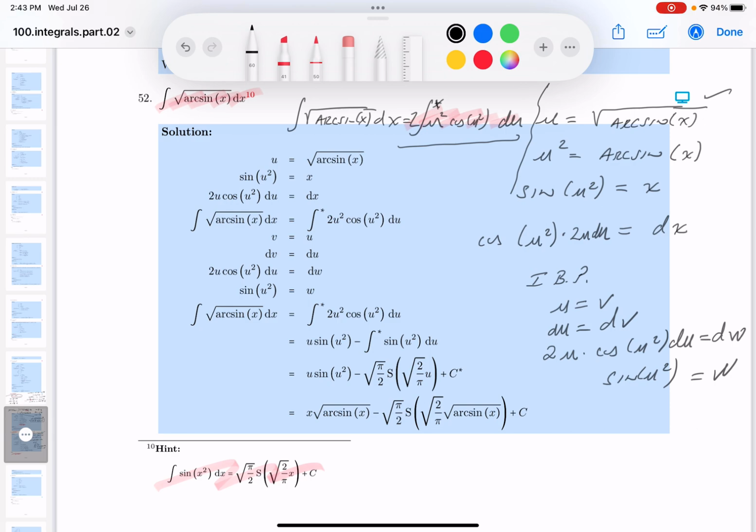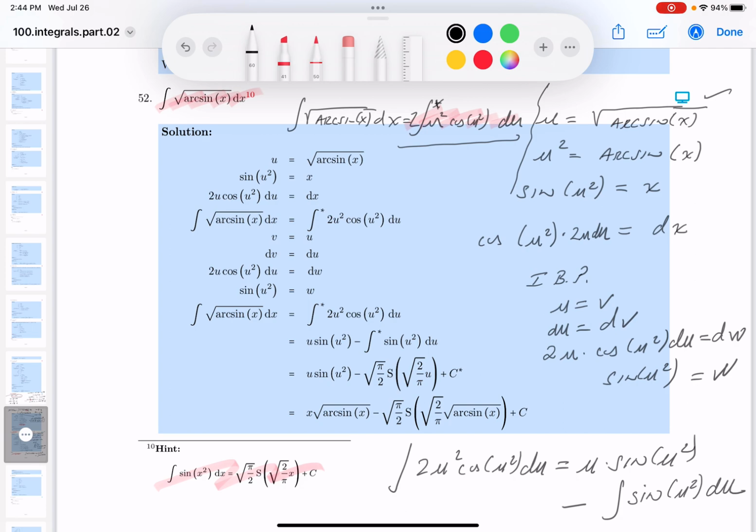So let's write that down. So I got 2u squared cosine of u squared du, integration by parts. So what do we get? You get u times sine of u squared minus, let's see, it's going to be sine of u squared du.